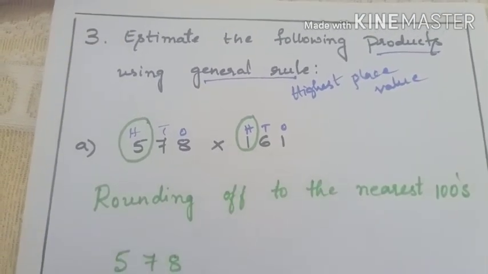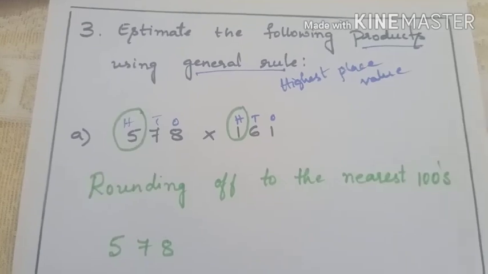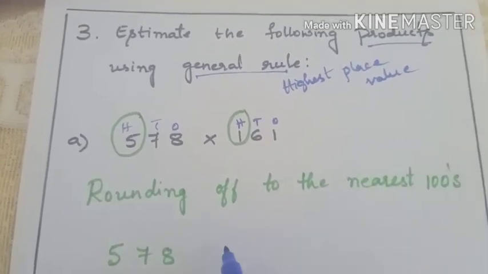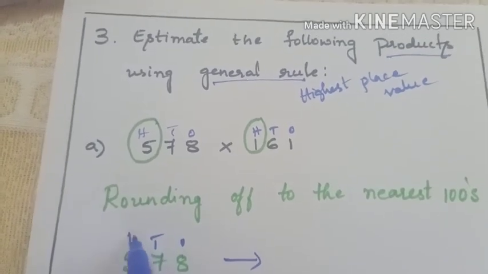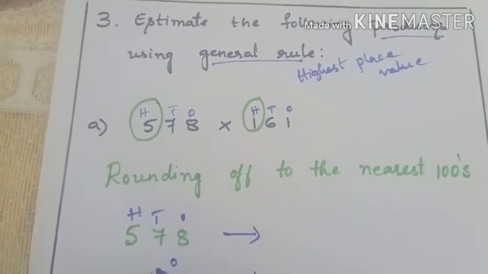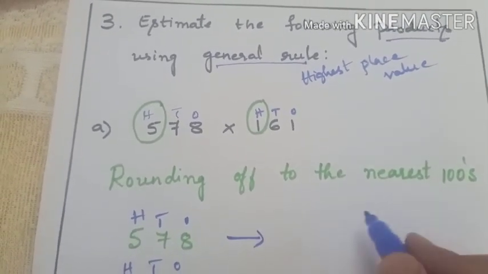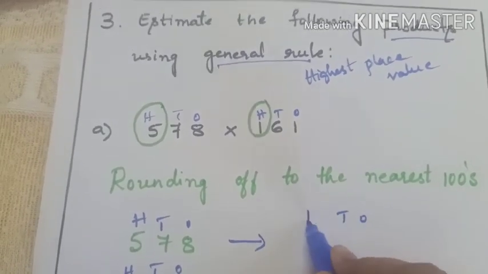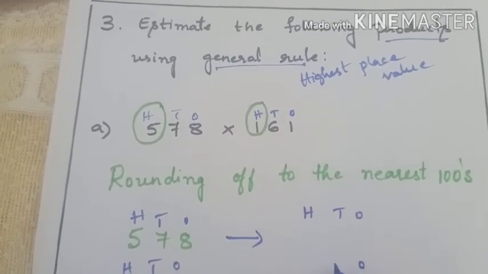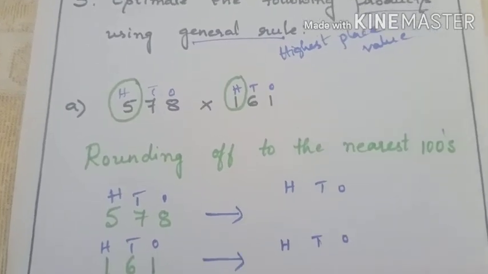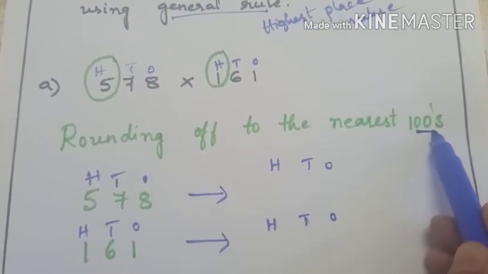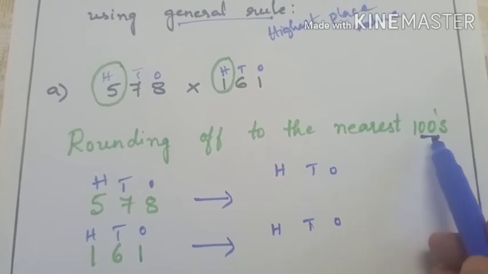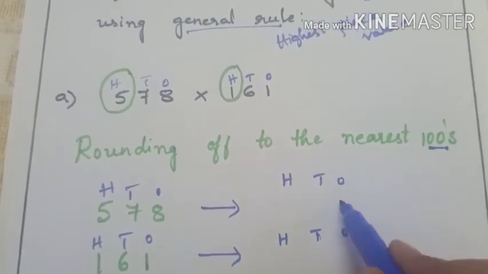The other number is 161. Ones, tens, hundreds, ones, tens, hundreds. Fine. Since you are rounding off to the nearest hundreds, how many zeros are there in 100? 2 zeros. Write down 2 zeros.